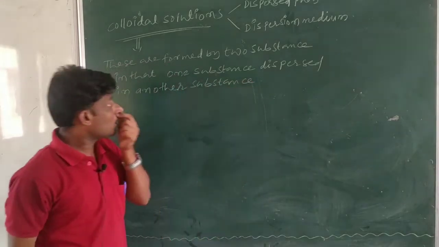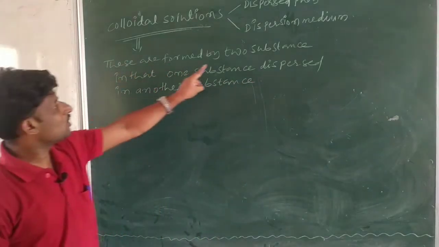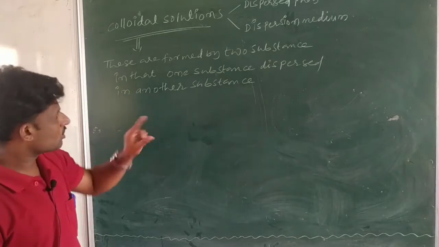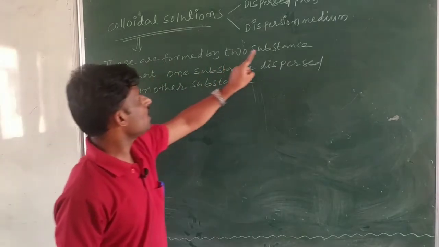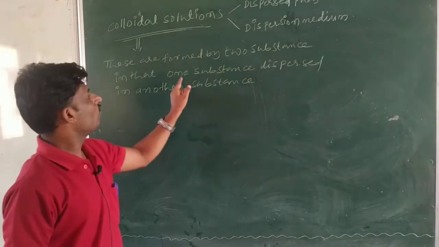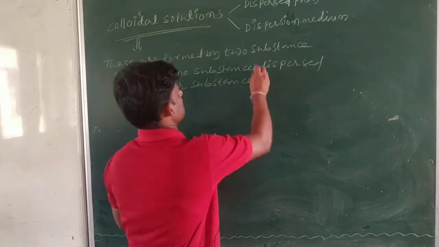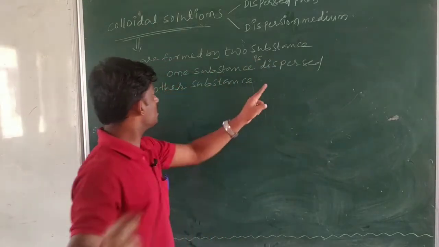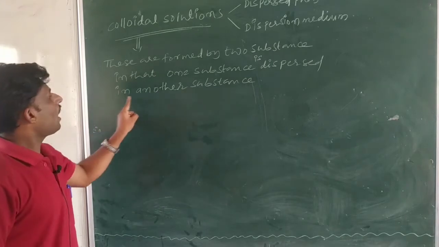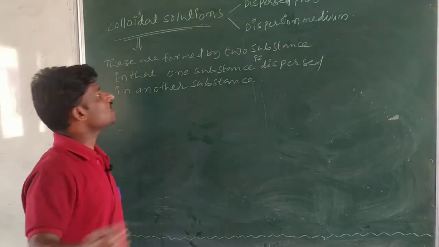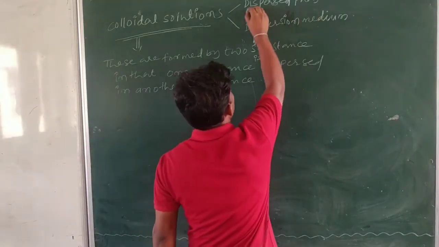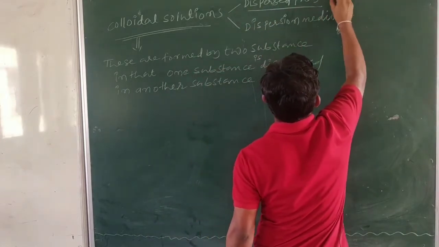Okay, so what is happening here? These are formed by the mixing of two substances. In that, one substance is dispersed in another substance. The particular substance which is dispersed is called the dispersed phase.